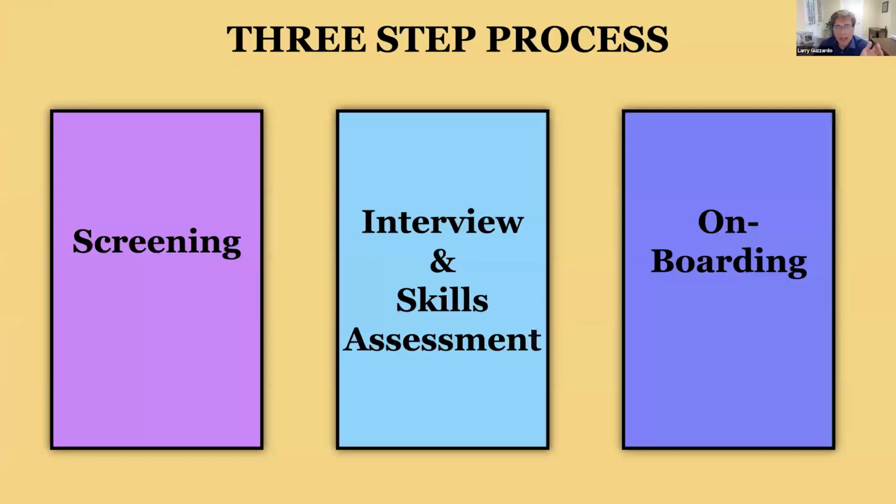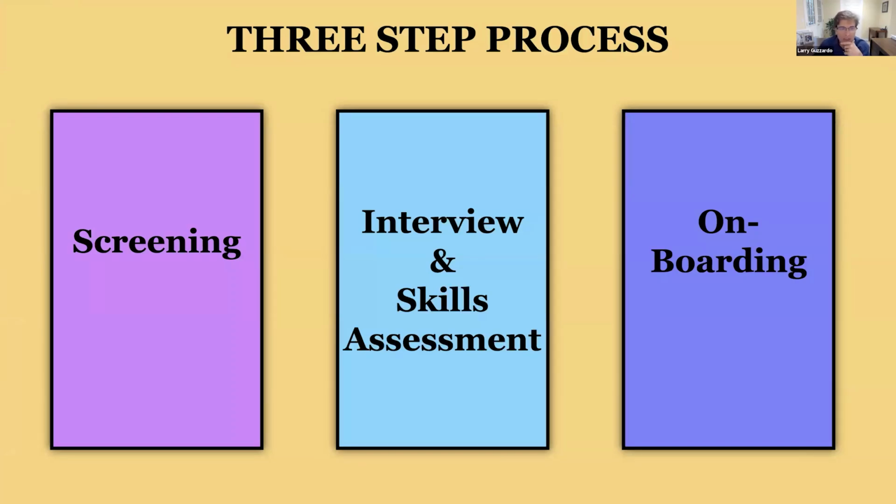So what I want to describe to you this evening is a 3-step process. And I want you to think about it that way, as a 3-step process. Each step of the process helps you decide who's the best candidate, and it helps you to know that you're hiring the right person for the job.